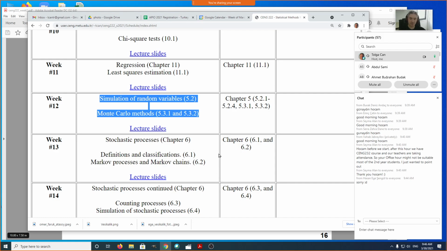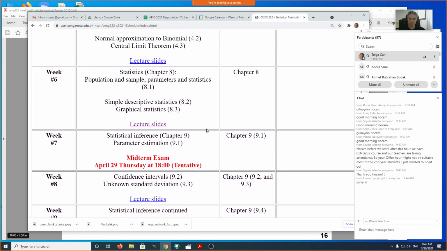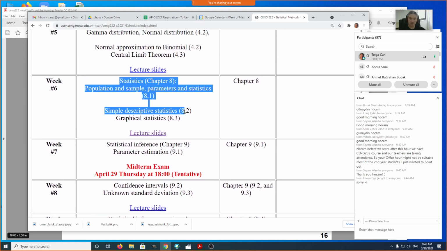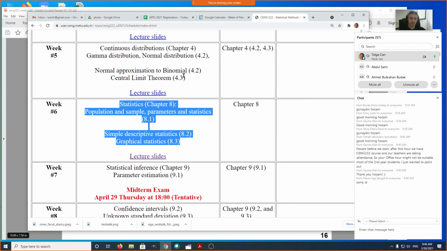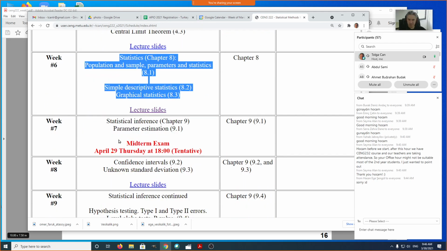Chapter 6 was already at the end of the semester, but chapter 5 is also moved to the end of the semester. So this is a slight change. We are going to directly jump into statistics after we finish continuous random variables, continuous distributions. After we finish chapters 3 and 4, we are going to go to statistical inference, hypothesis testing, confidence intervals, and this stuff. And probably the midterm is going to be at the end of the 7th week. This is how we planned it.